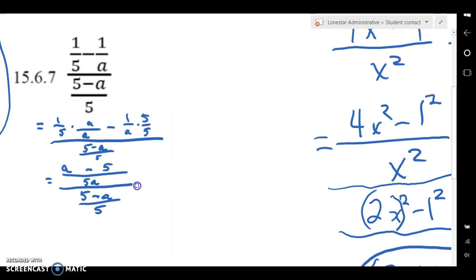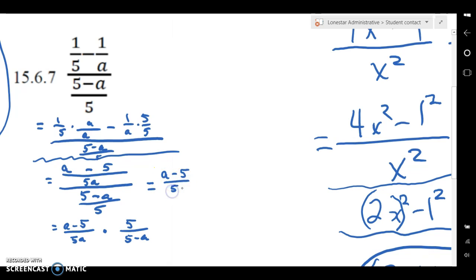Now we have a fraction over a fraction, so we rewrite it long ways. a minus 5 over 5a, and then KFC is we keep the first, we flip the second, and we change division to multiplication. So the step I didn't actually write is rewriting this horizontally. It's a division problem.